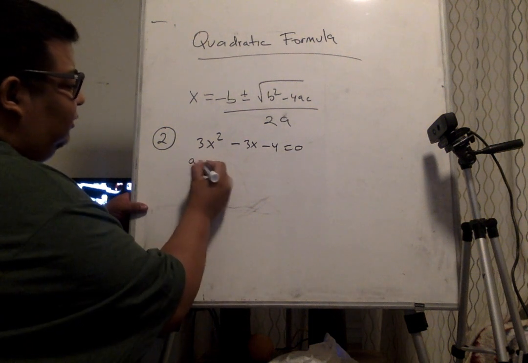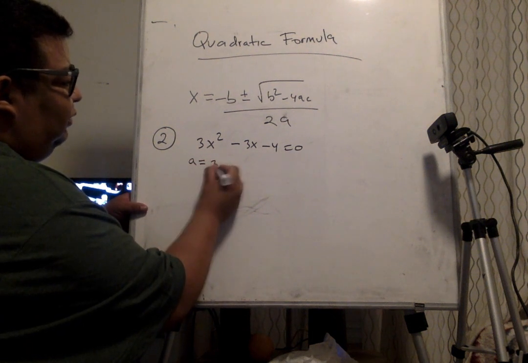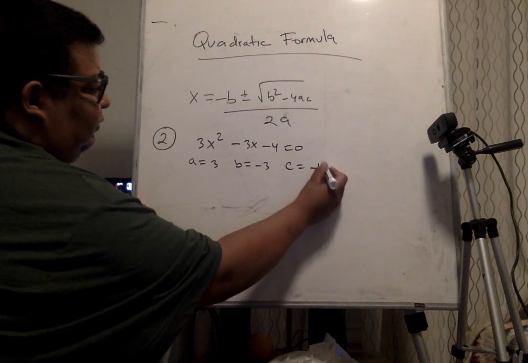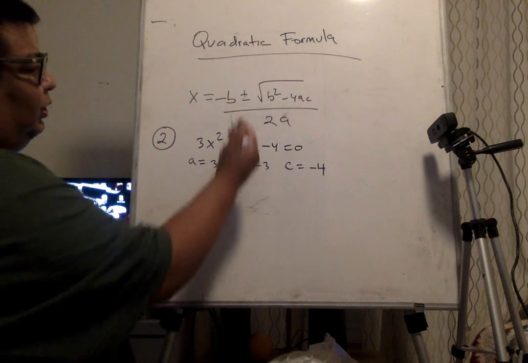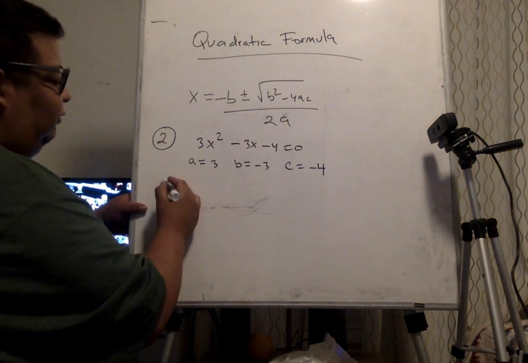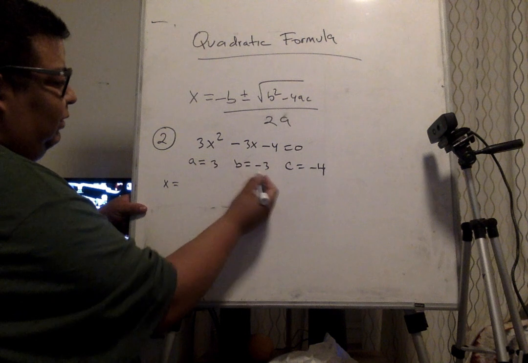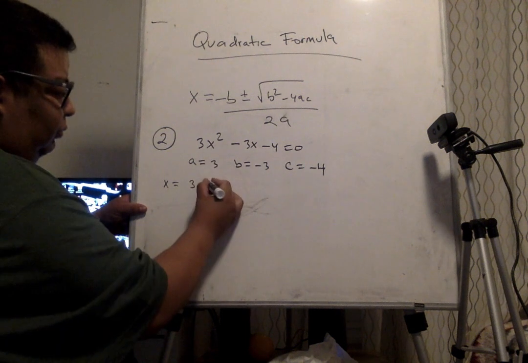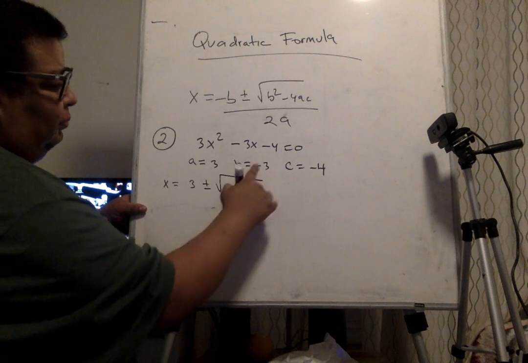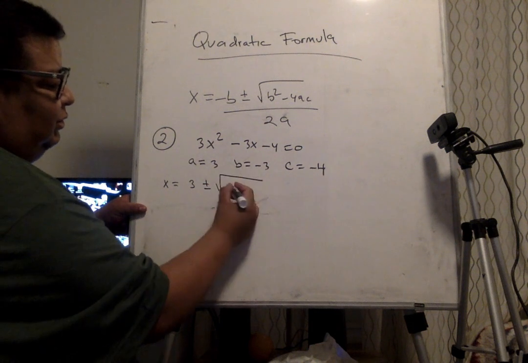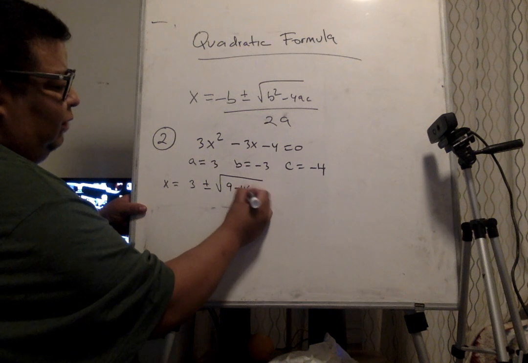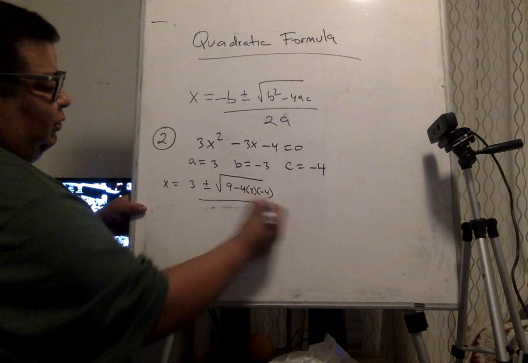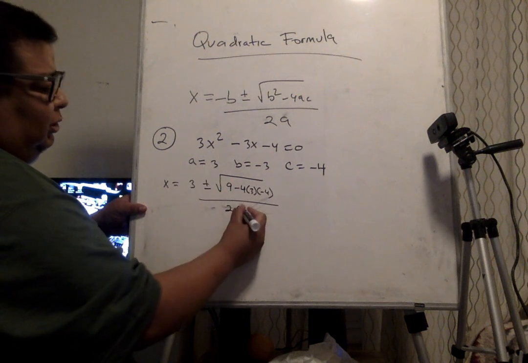Let's pick our coefficients: a equals 3, b equals negative 3, c equals negative 4. Now let's plug them into the quadratic formula. Negative b will be negative negative 3, which is positive, so it will be 3 plus or minus the square root of b squared, negative 3 squared is 9, minus 4 times a, which is 3, times c, which is negative 4, all over 2 times 3, which is your a.